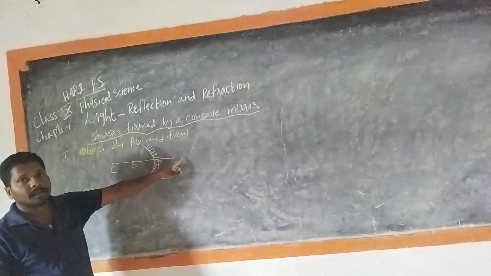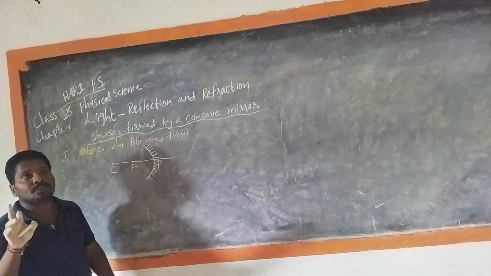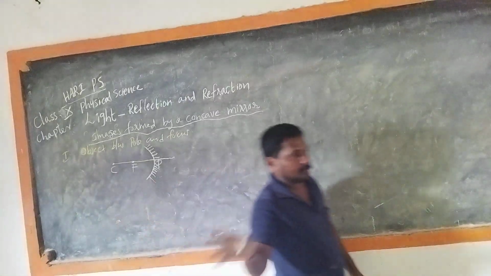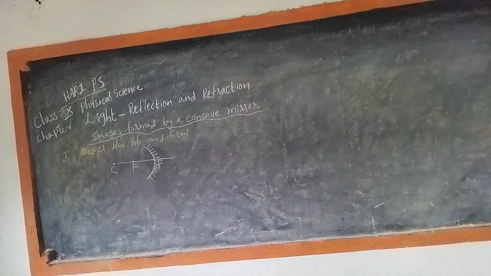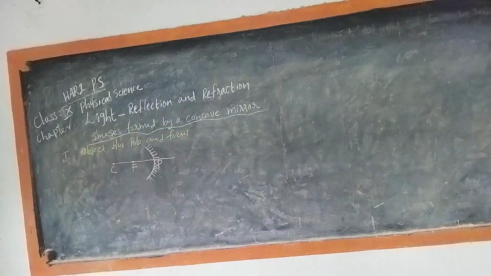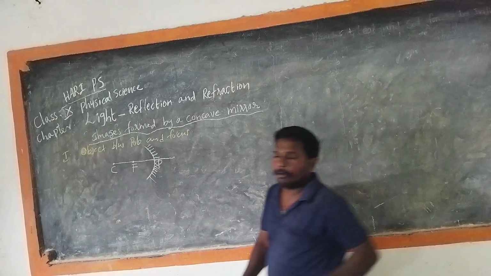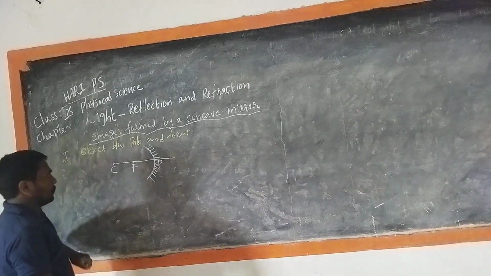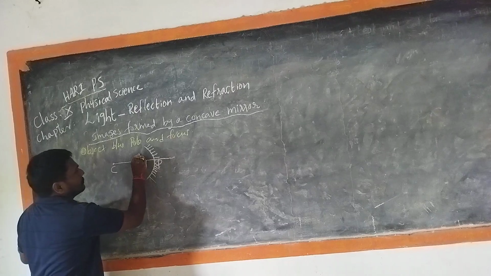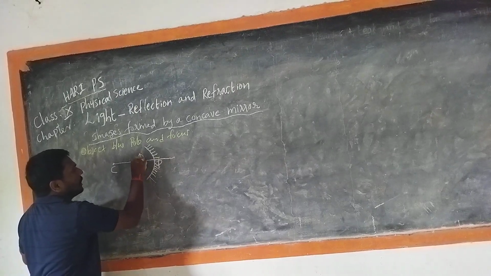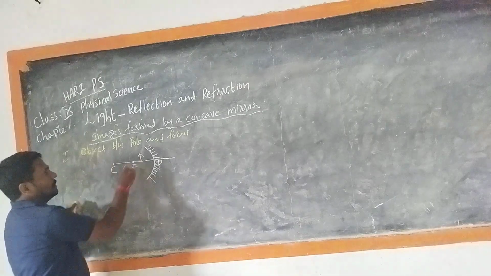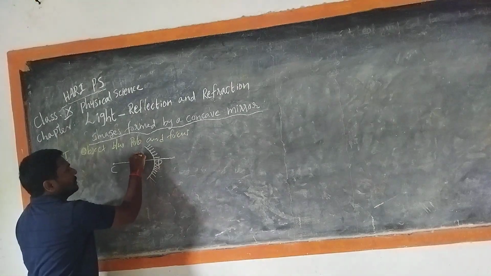by a mirror, we require at least 2 light rays. So here it is the position of the object.